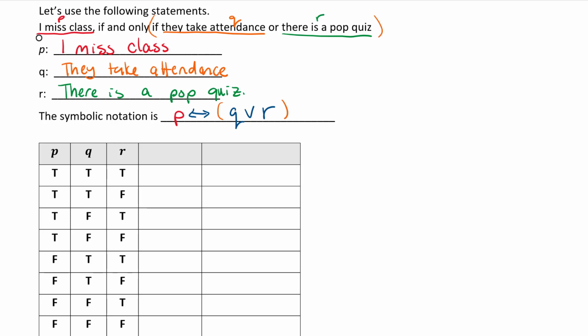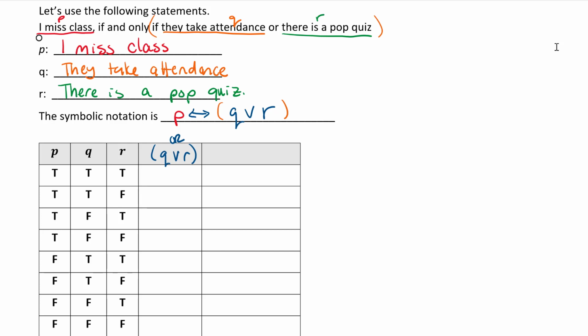Okay? Now, because we have 3 statements, P, Q, and R, that means we have 8 different possible choices here. So I'm going to have P biconditional with, well, because P is already done for us, I don't really have to do anything for that first part, but I do have to do the parentheses, Q or R, which is a disjunction.